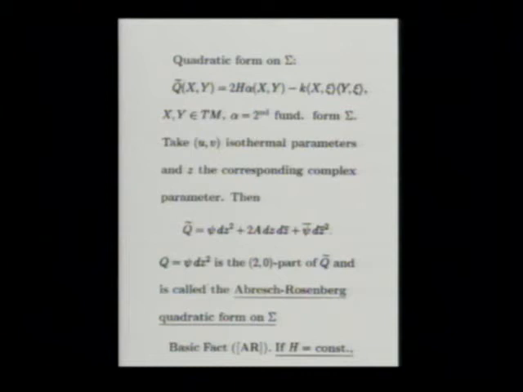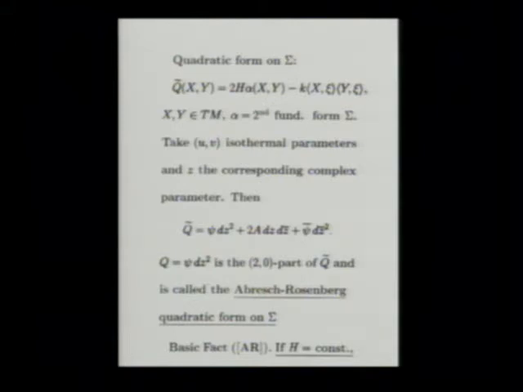And then Abresch and Rosenberg introduced that form on the tangent space, where alpha is the second fundamental form of the surface, x, y are tangent vectors, and K is the Gaussian curvature of the two-dimensional factor. Then if you take isothermal parameters and the corresponding complex parameter and write that form in this complex parameter, you get a form in dz and d z-bar.